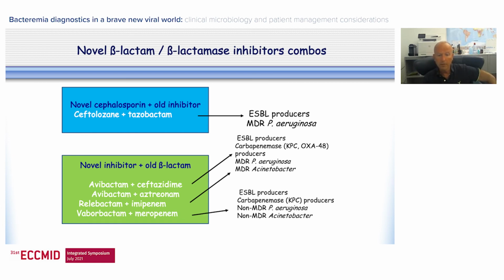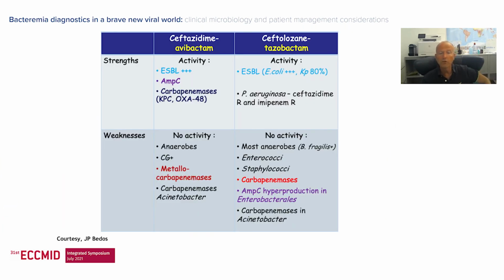We have also the possibility now of meropenem-vaborbactam. Again, ESBL producer might be susceptible. Carbapenemase producers, including the KPC, may be also susceptible to that combo. So to summarize, there are some strengths and some weaknesses, with the two major ones being used nowadays, such as cefta-avi and ceftotazo.